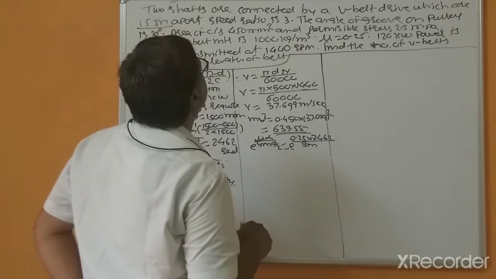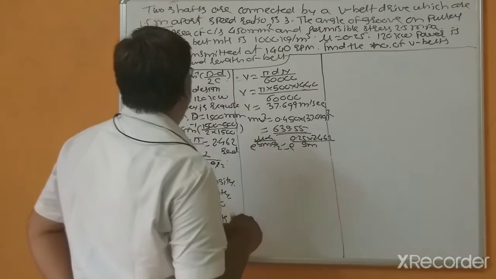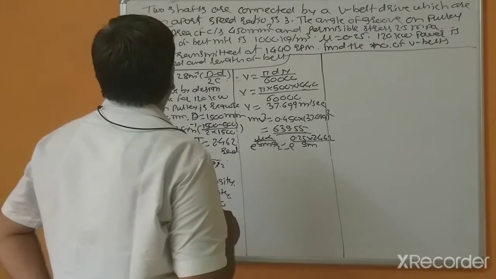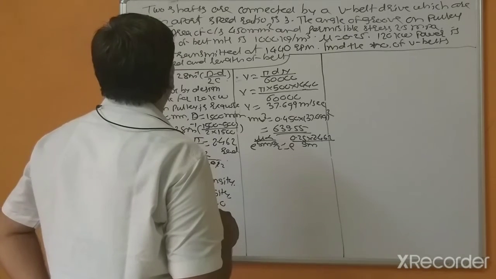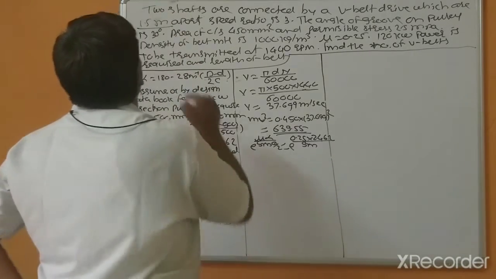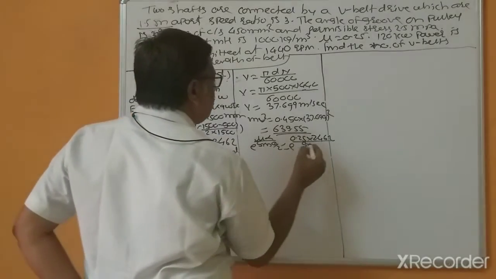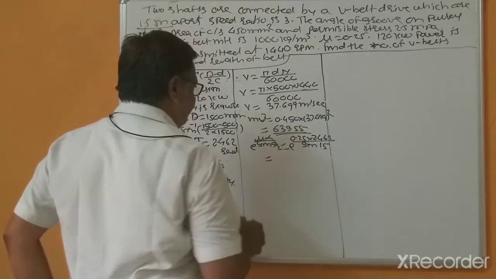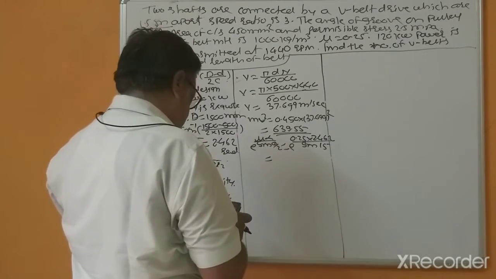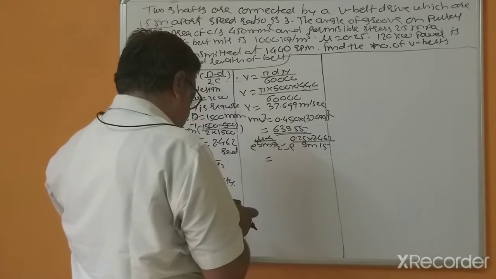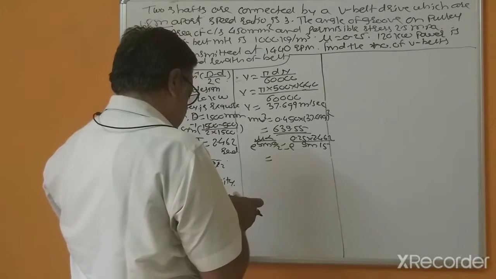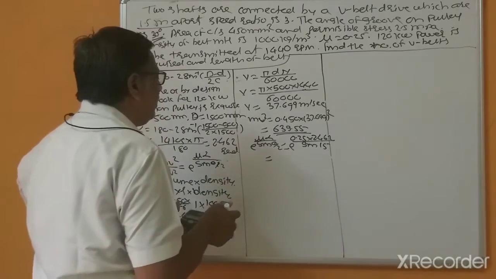Angle is given as 30 degree, so this means 15. 0.25 multiplied by 2.462 divided by sine 15 is equal to 10.78.